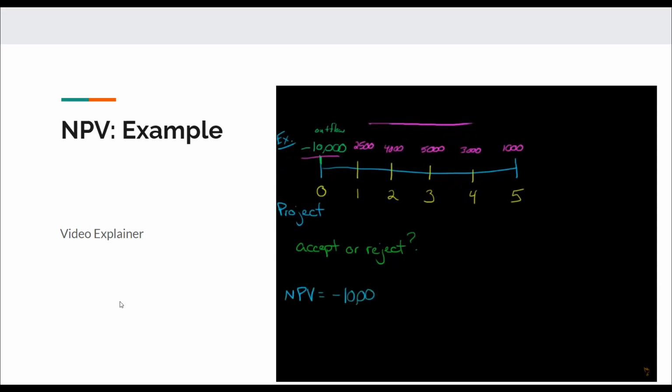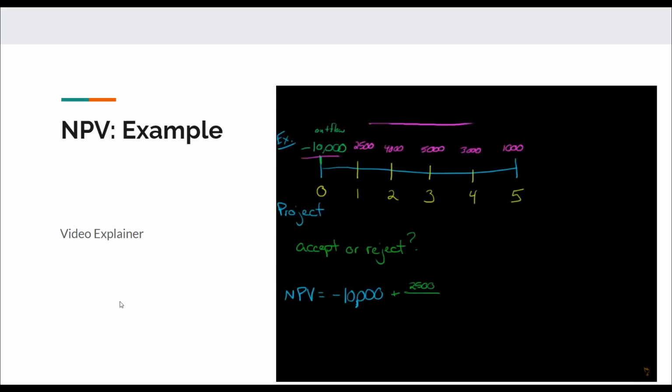Again, we do not need to discount that because 10,000 today is 10,000 today. But then we're going to add to that the cash inflows, discounted. So we've got the 2,500 that we get at the end of period 1, but we have to discount that.